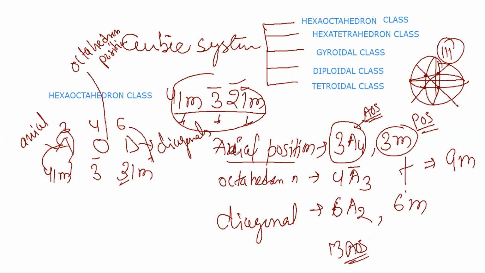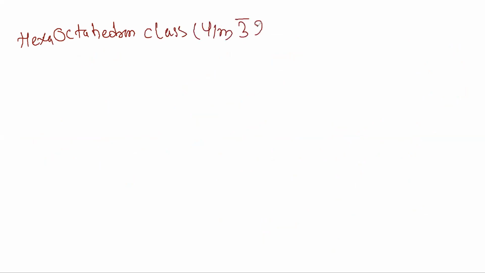So now, if we want to draw the stereographic projection for this, we'll be seeing once again, and if you have any queries related to this, I'm drawing once again. Octahedron, hexaoctahedron class. This is the 4 by M, 3 bar, and 2 by M class.